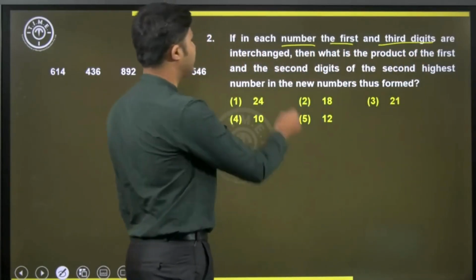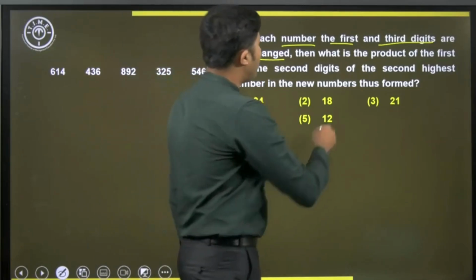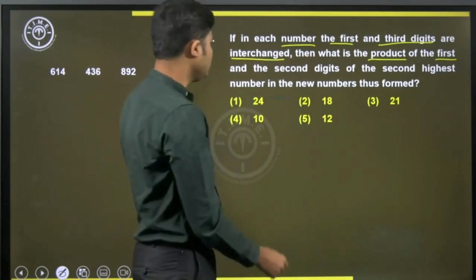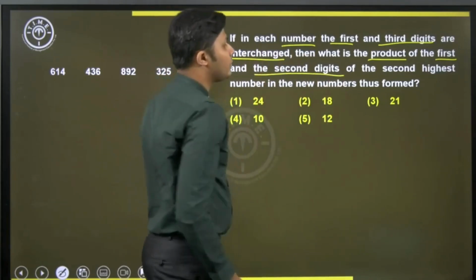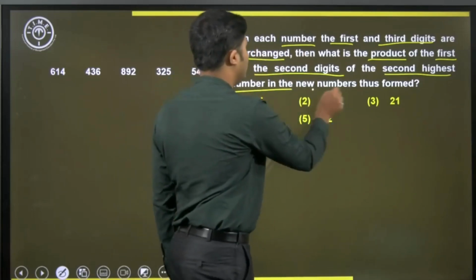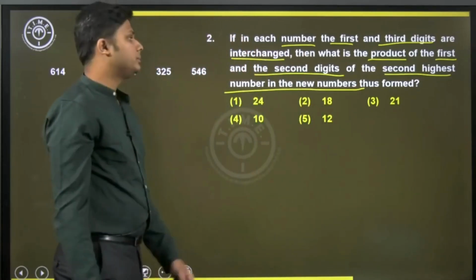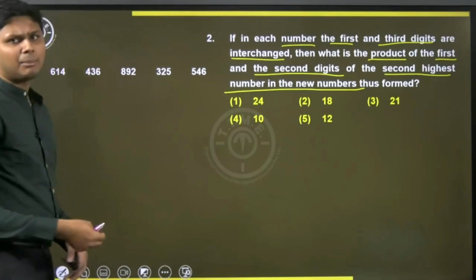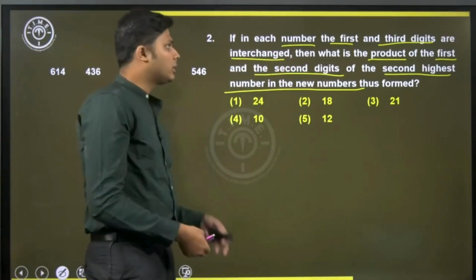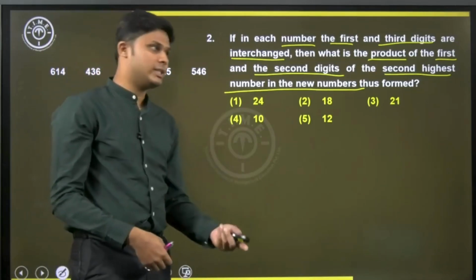Moving on to the next question: if in each number the first and the third digits are interchanged, then what is the product of the first and the second digit of the second highest number in the new numbers thus formed? Again, we can apply a shortcut. Since the first and third digits are interchanged, the third digit would become the first digit.